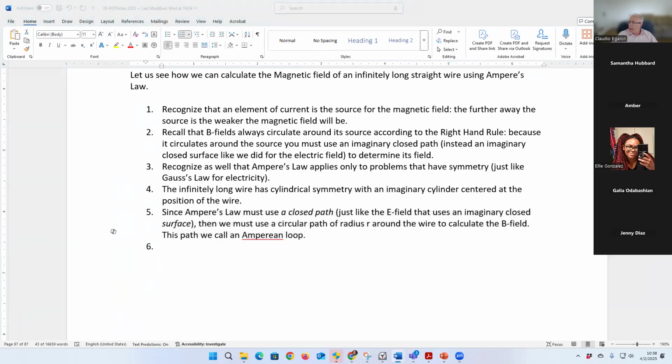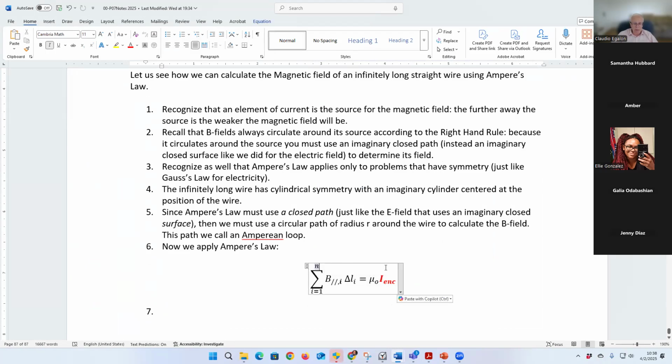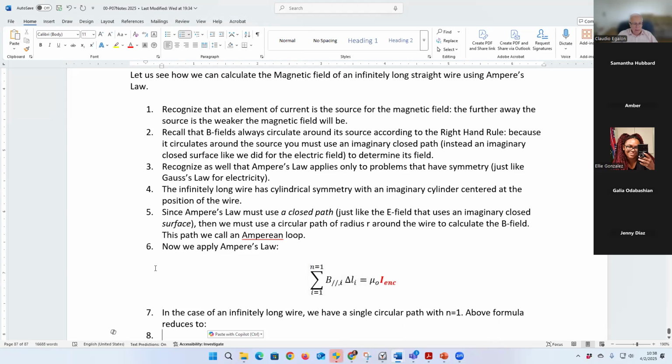What's next? Now we apply Ampere's law. And let's see how we are going to apply Ampere's law. Okay, so here you go. That's how we're going to apply Ampere's law. And by the way, for this specific case, n is equal to 1 because we have just a single path. Okay? So what we end up having is something like the following.